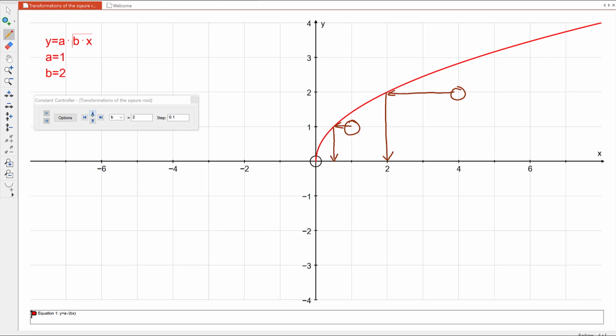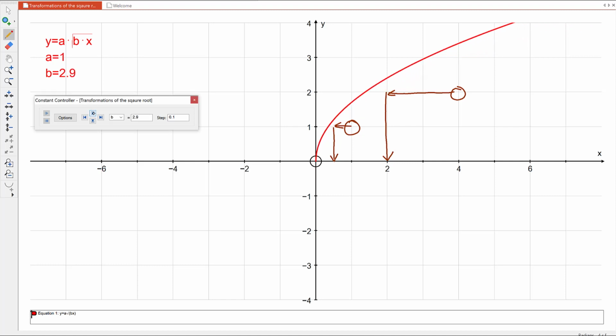If we make B 3, it's going to be hard to tell, but actually what has happened there is that we've now got a third of the y coordinate. Let's make B 4, because we should be able to see then that if we take a quarter of 4, it should come back here to 1.